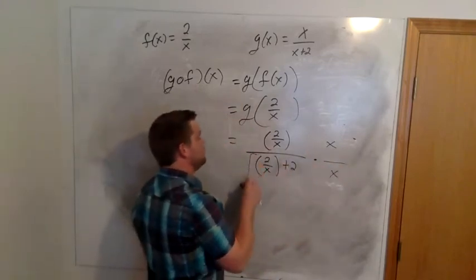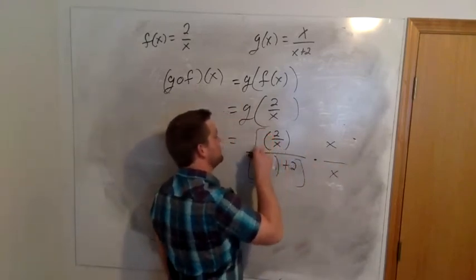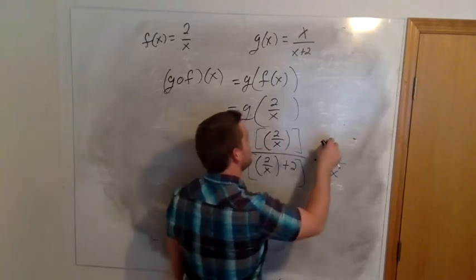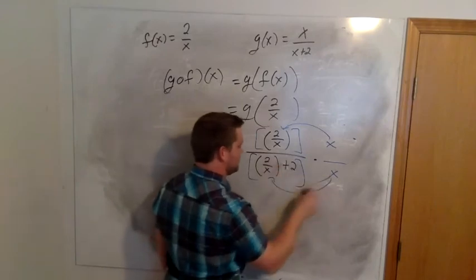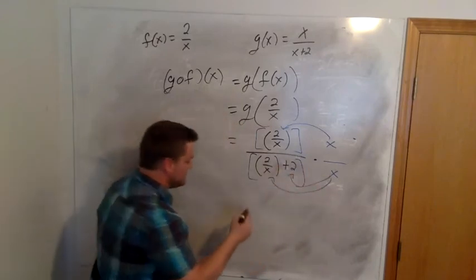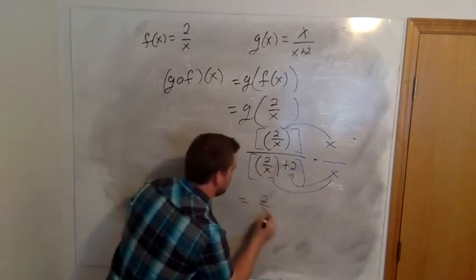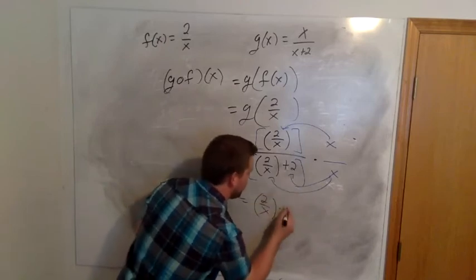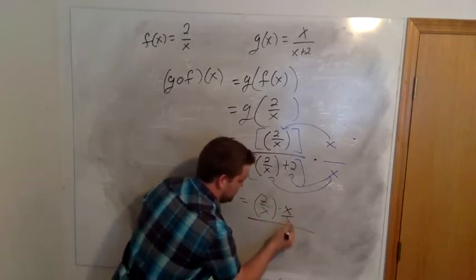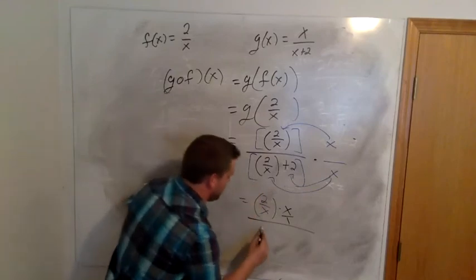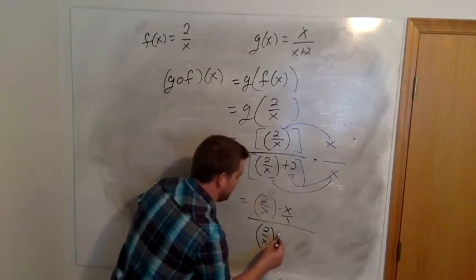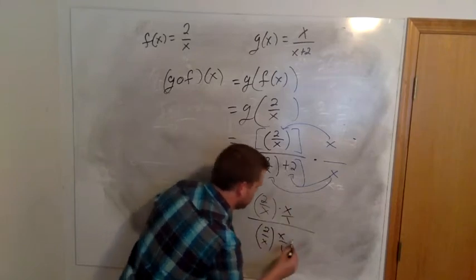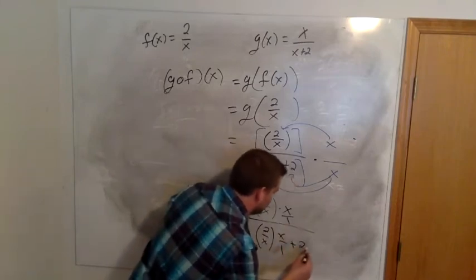And what we're going to do is distribute that into the parentheses. Okay, so this x will hit the 2 over x, and this x will hit the 2 over x and the 2. So what will we get? This will be a 2 over x times the x. You could think of that as an x over 1 if you like. All over a 2 over x times an x over 1 plus a 2 times x.